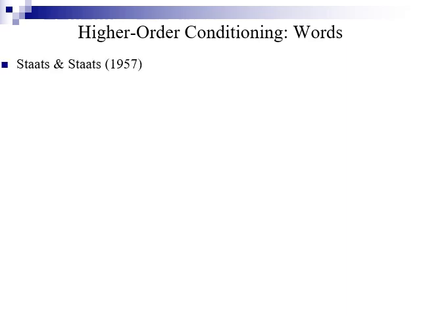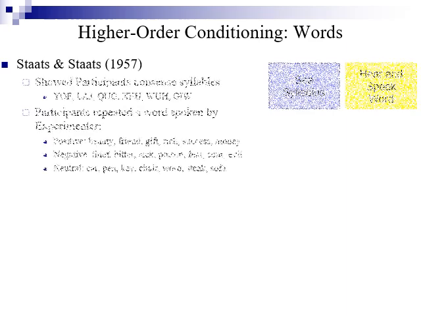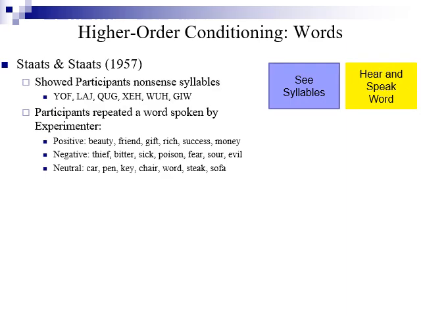This question was addressed by Staats and Staats way back in 1957. What they did is they showed participants nonsense syllables. Some examples of these syllables are listed here: YOF, LAJ, QUG, etc. These are syllables that don't have any meaning.